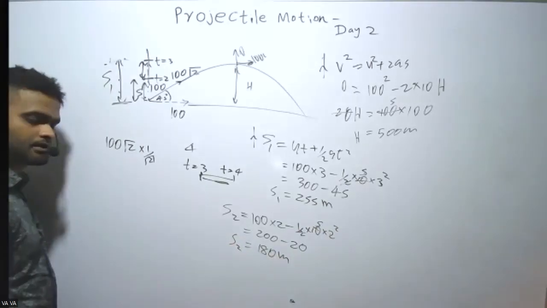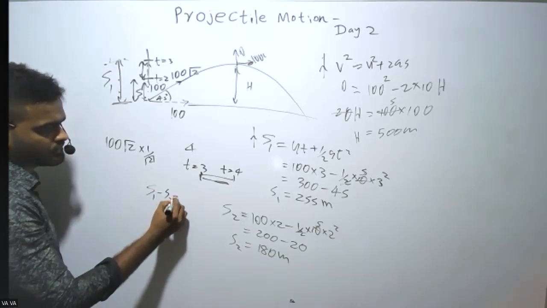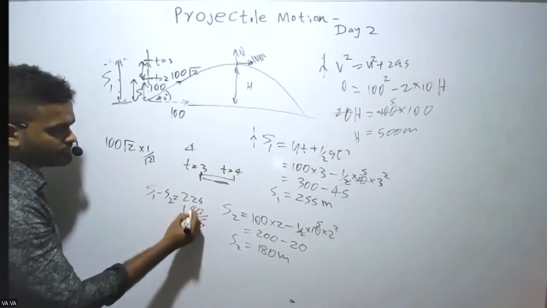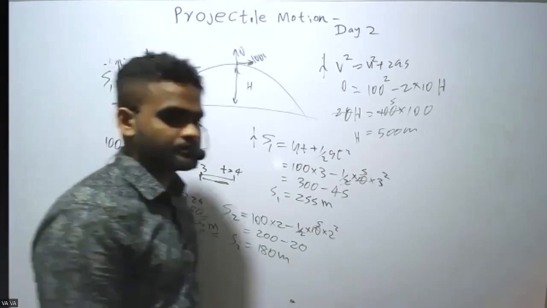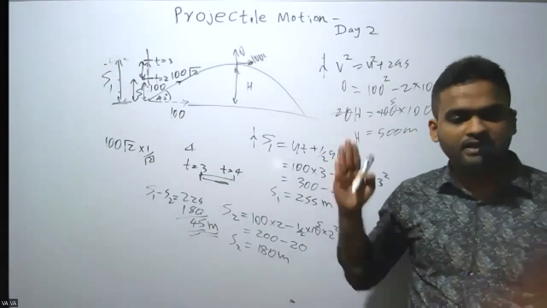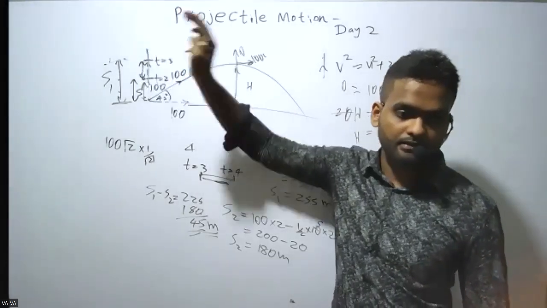This is S2. You need S1 minus S2. That is 255 minus 180. It is 75 meters. So that is the vertical displacement traveled within the third second.